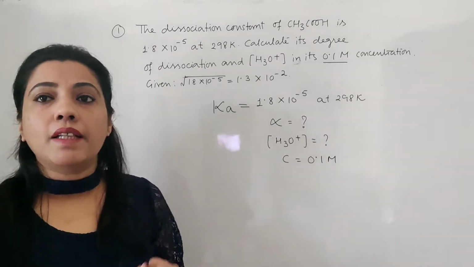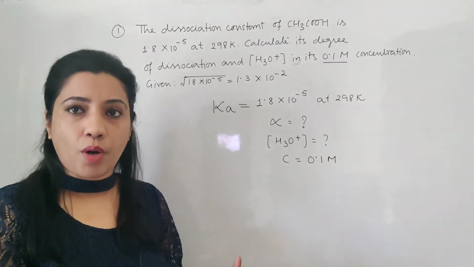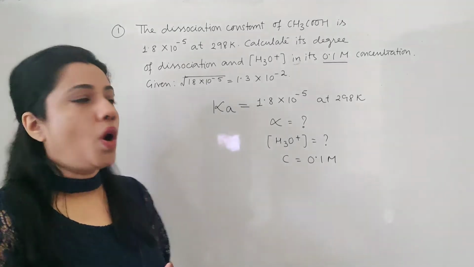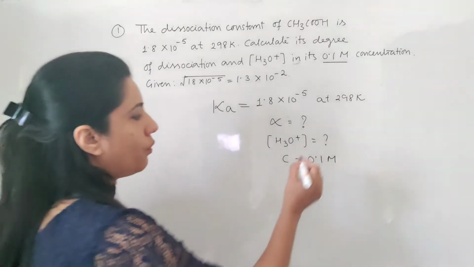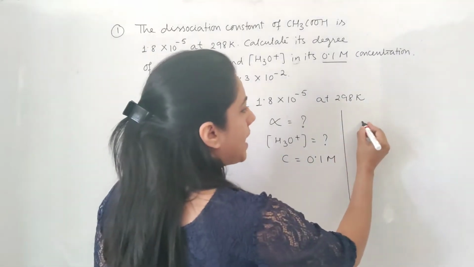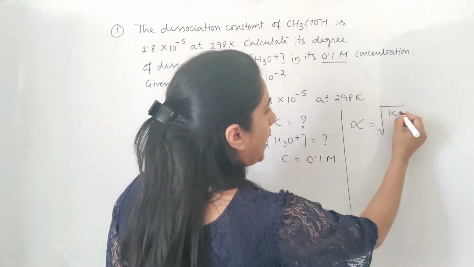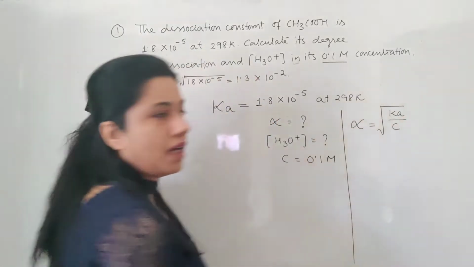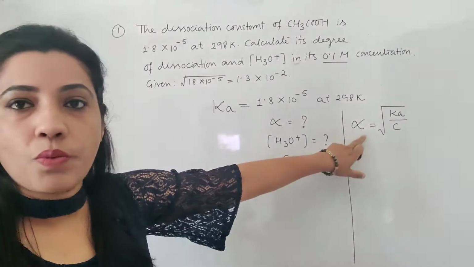Now let us solve it by the formula. We can solve it in two methods, by directly using the formula of Ostwald dilution law, or by solving the entire thing. Both methods I will show you. First we are going to use the formula, and the formula says that alpha is equal to root of Ka upon C. From Ostwald dilution law we got this formula.